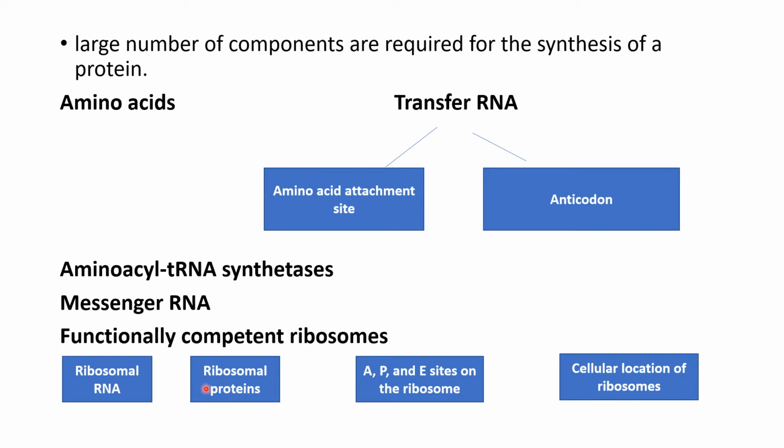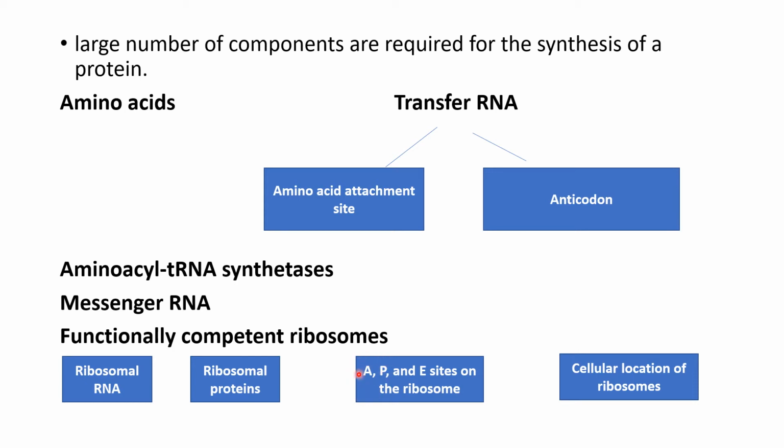These two subunits of ribosomes, both in prokaryotes as well as in eukaryotes, contain binding sites. These binding sites consist of A, P, and E sites. The A site is the amino acid attachment site.